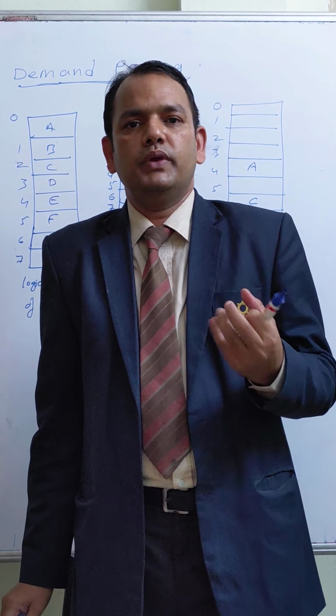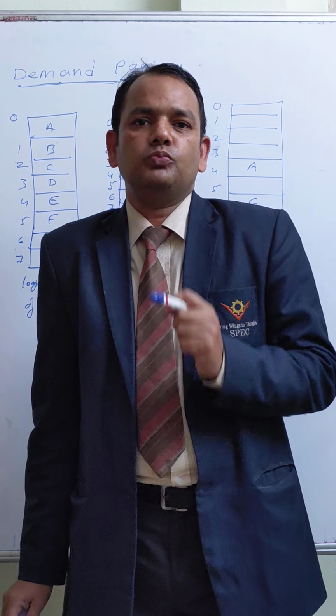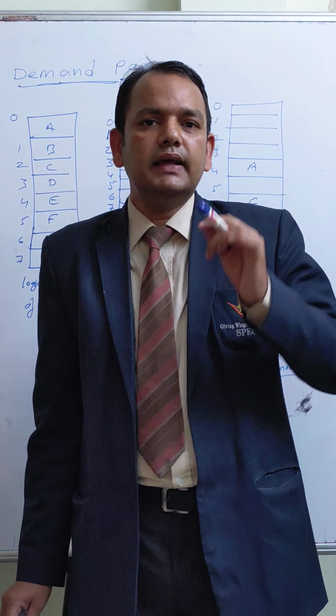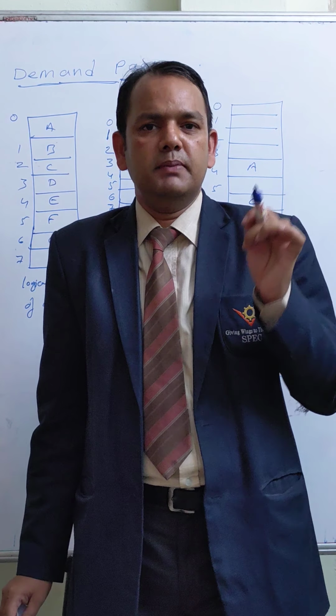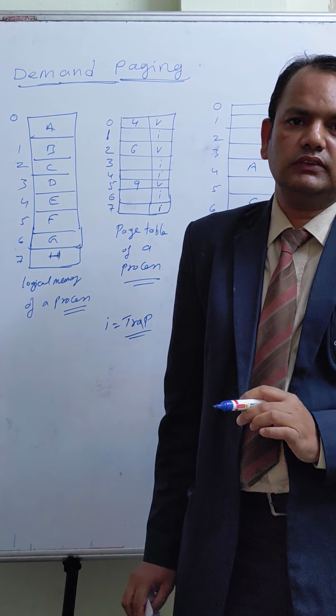So the entire program need not be loaded in the main memory. As per the requirement of the program, whenever it is required, that particular page is loaded onto the memory on demand. This is called demand paging.